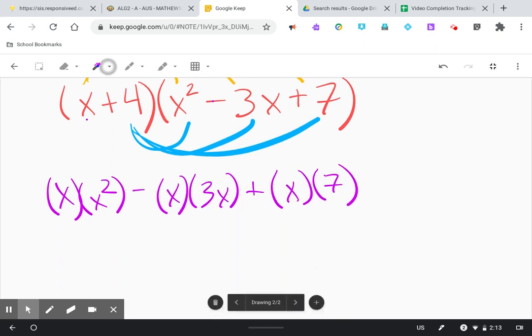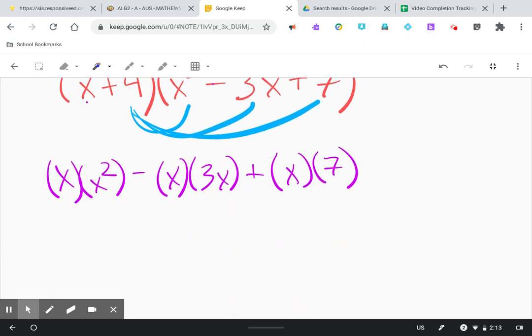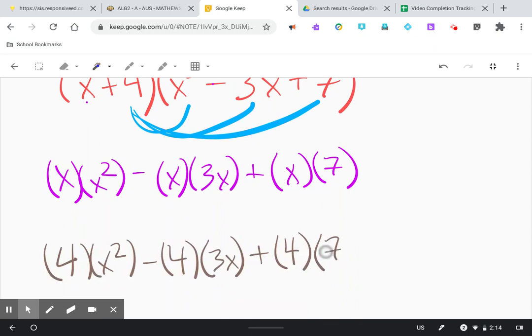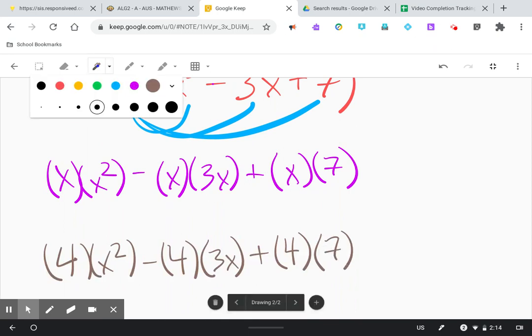And then to do the what's in blue, I guess you'd say, I'm going to do 4 times x squared minus 4 times 3x plus 4 times 7. So I'm going to go ahead and write down the answers to each of these.